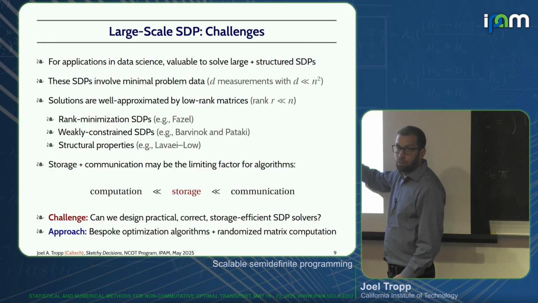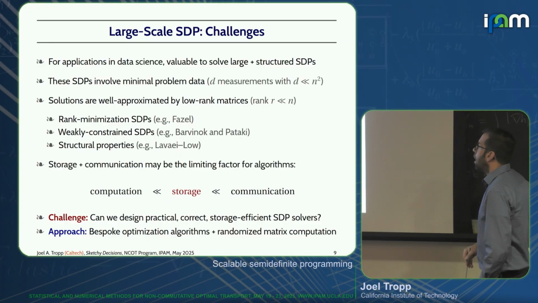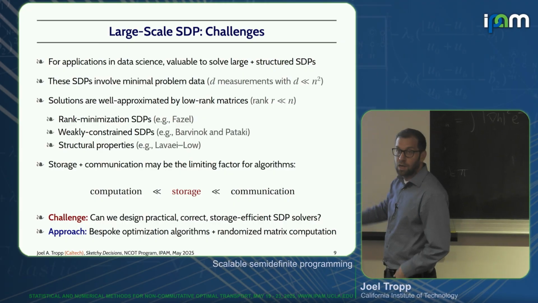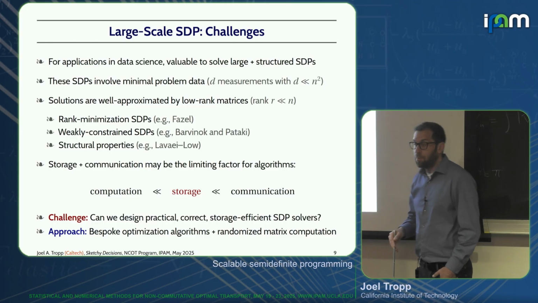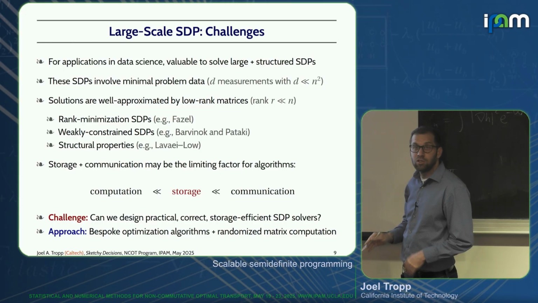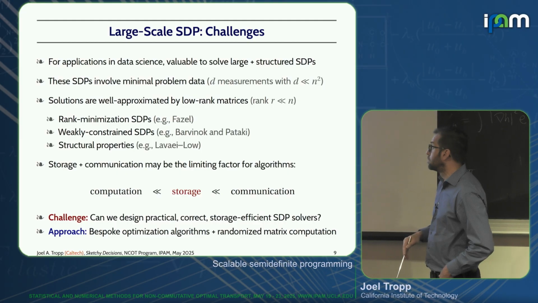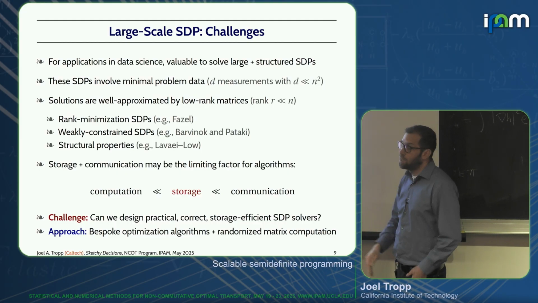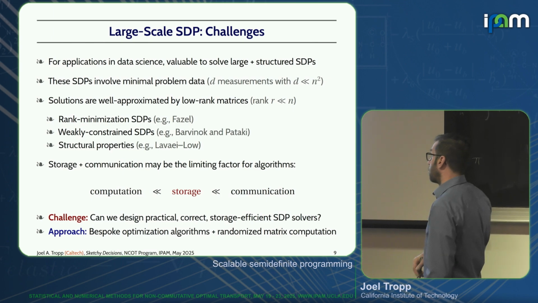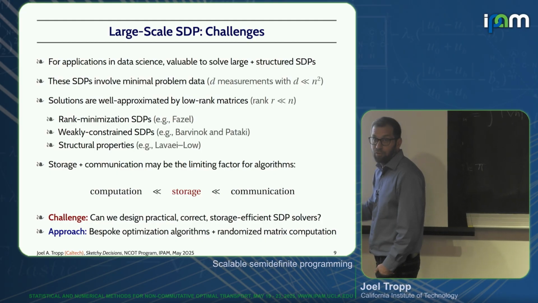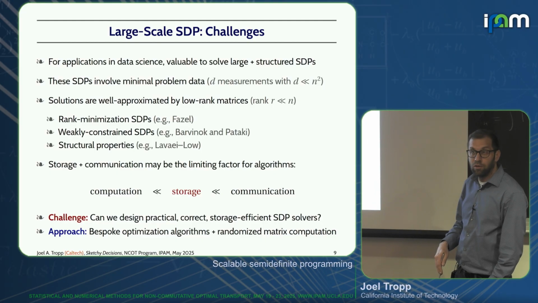And this was really formalized in Maryam Fazel's thesis in 2000, 2001. There are also SDPs that have a small number of constraints. And results of Barvinok and Pataki show that those SDPs always have low-rank solutions, although they might have solutions that are not low-rank. And then there are certain SDPs that might have structural properties that ensure that the solutions are low-rank. So for example, in optimal power flow SDPs, the graph structure can lead to a guarantee of a low-rank solution.